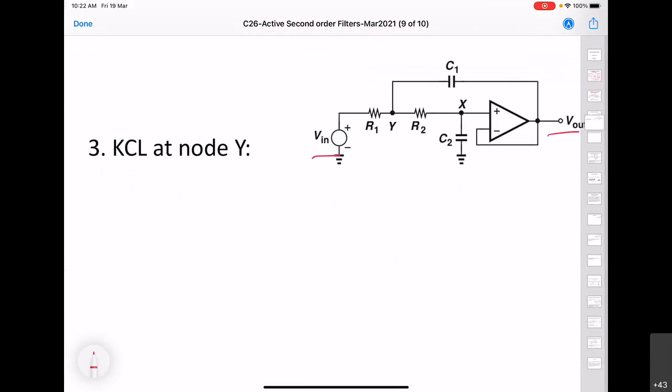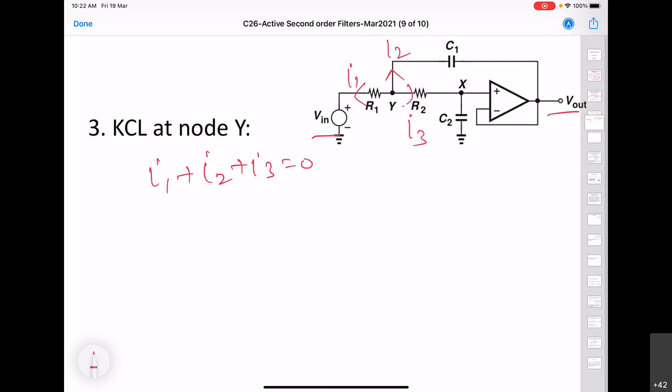For that, we will apply KCL at node Y. Here we have three currents moving away from node Y. This is say I1, this is say I2, and this is I3. So there are three currents, I1 plus I2 plus I3, moving away from node Y.